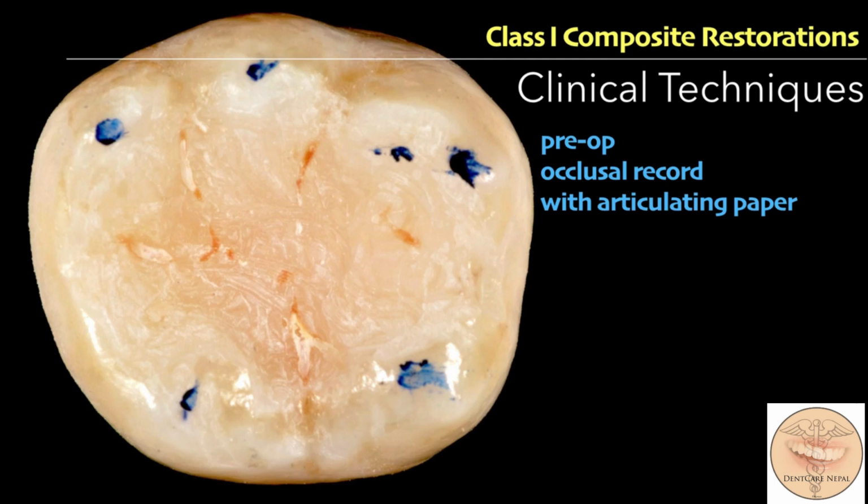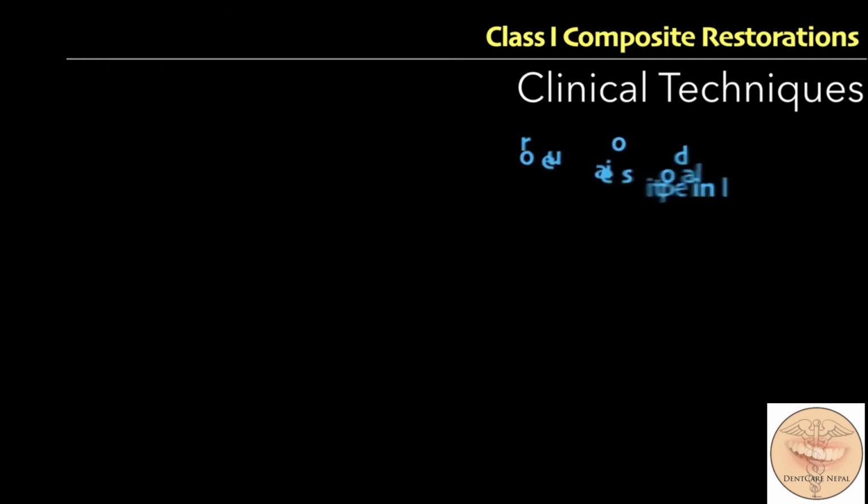And remember, to recall these records, we need to photograph them, so that when we are doing the occlusion in the final restoration, we know how to maintain all these previous records. So this is very important. You have to know where the masticatory spots are, so it will help you a lot in the final adjustment of the occlusion.